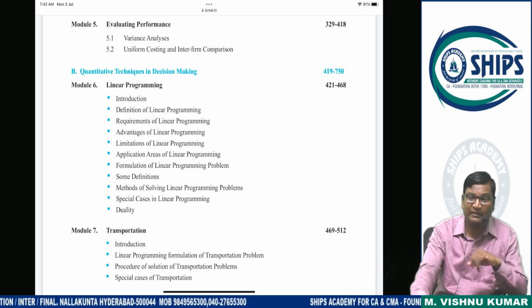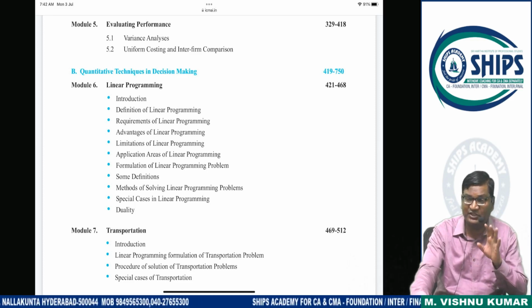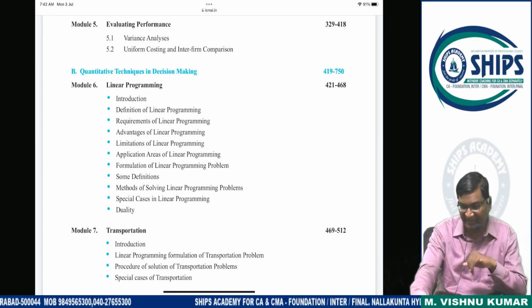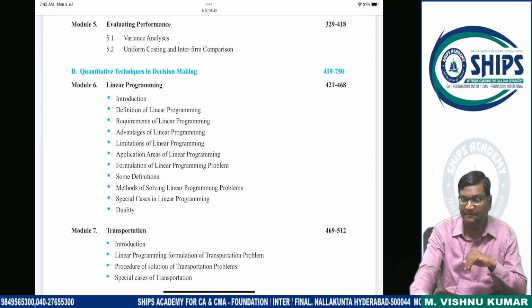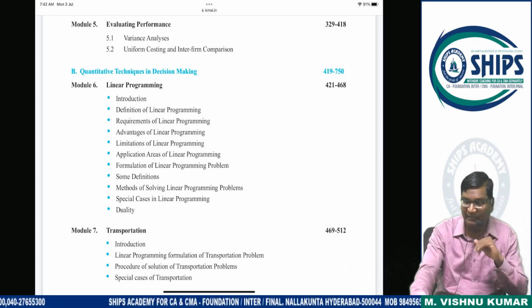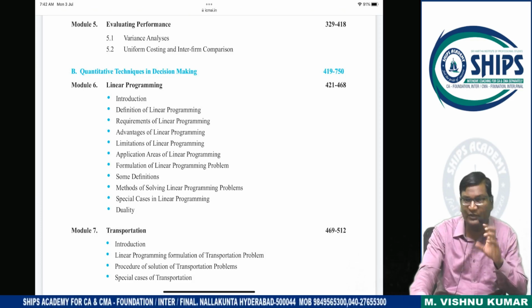And some new points also we have to cover in standard costing: the relationship of standard costing with other cost management techniques. Standard costing with just in time, standard costing with activity based costing, standard costing with relevant costing, and operational planning variance. So these are the new areas.